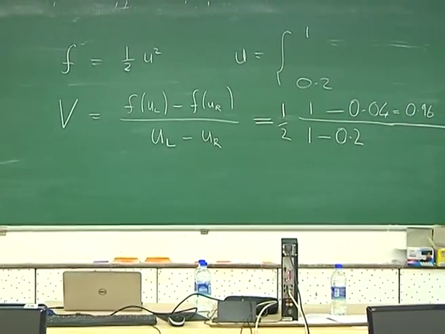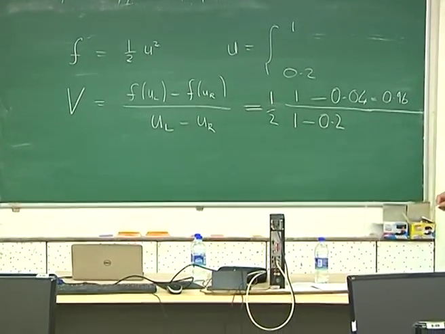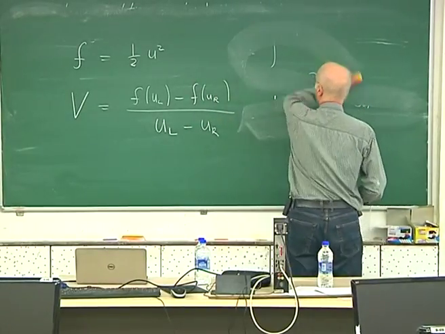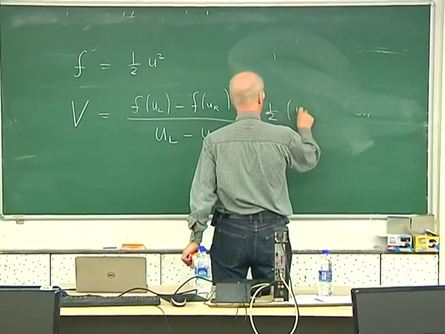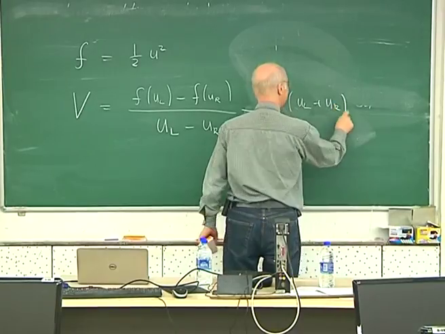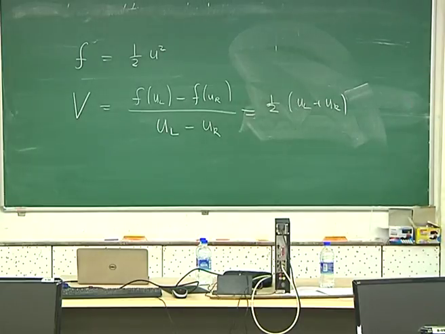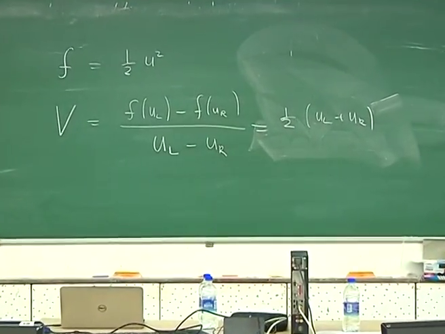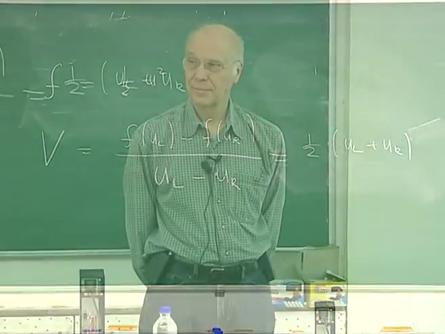So maybe an easier way is just to keep it as half U_L squared minus half U_R squared. Don't do any arithmetic. Clever idea. So this is a half of U_L plus U_R. That is right. It must have worked out before. So I had 96 divided by 8, which is 12, and a half of it is 6.